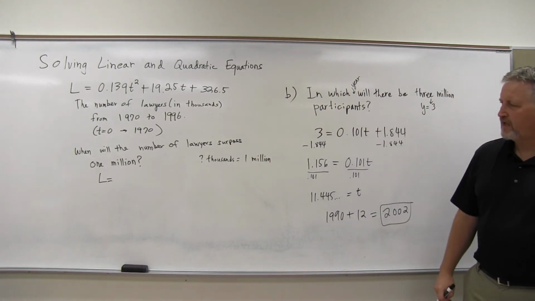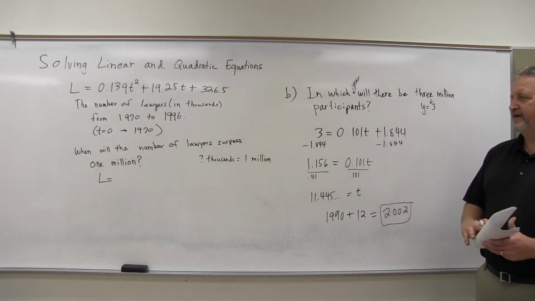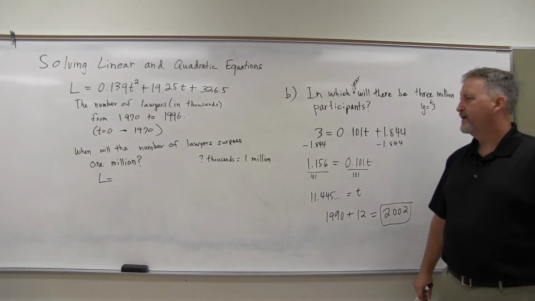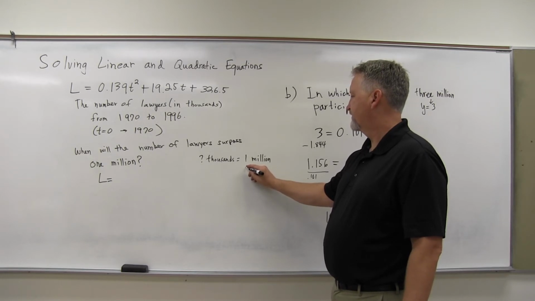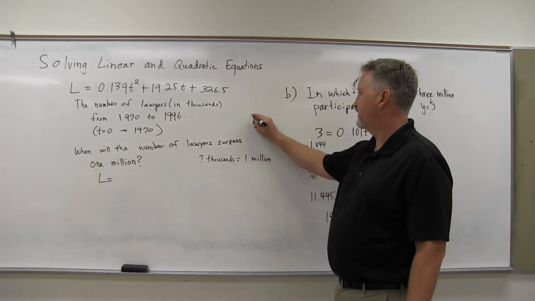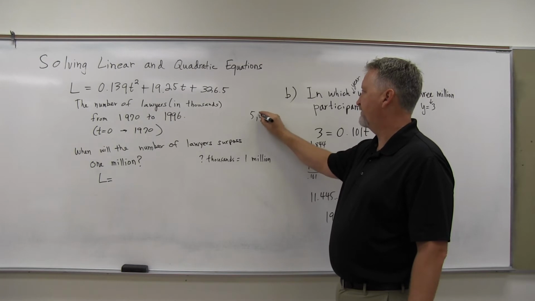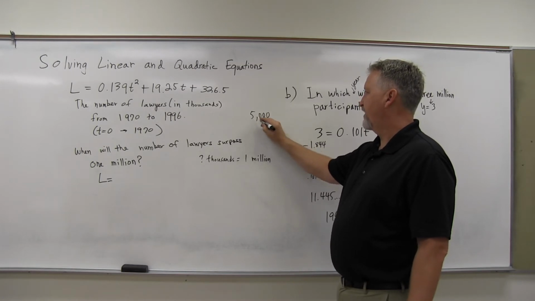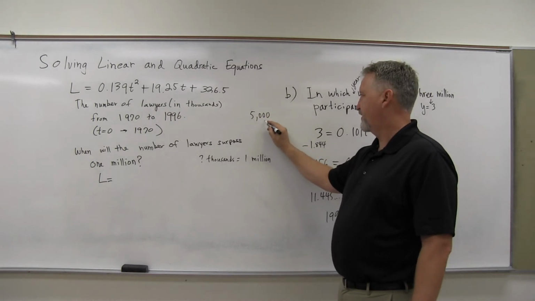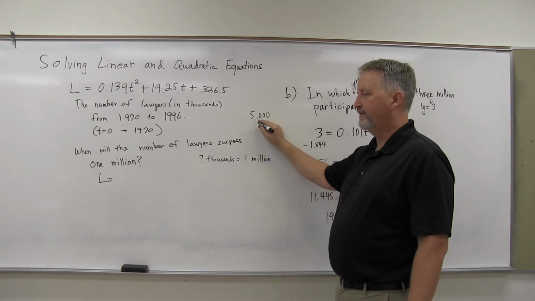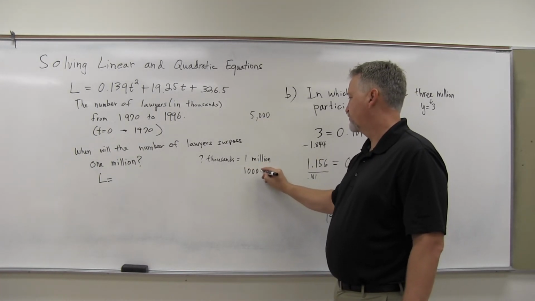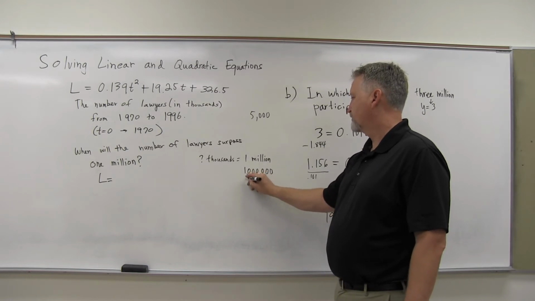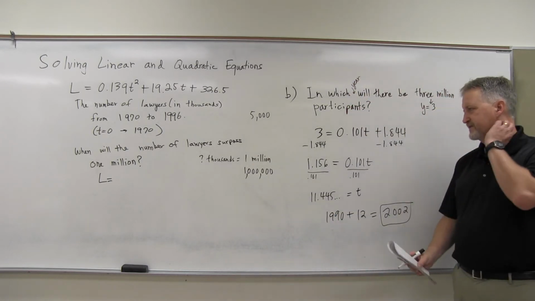Well, maybe you see it pretty quickly, but let's just look at this. If you have 5,000, you've got 5 times 1,000. If you look at the million, 1 million, 1 and 6 zeros.